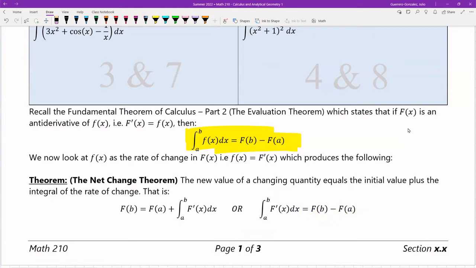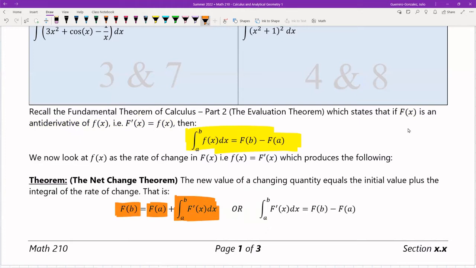The net change theorem states that the new value of a changing quantity equals the initial value plus the integral of the rate of change. So the new value of a changing quantity is going to be its initial value plus the integral of the rate of change.